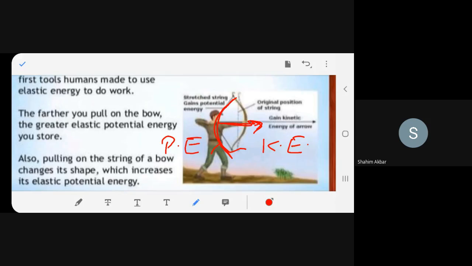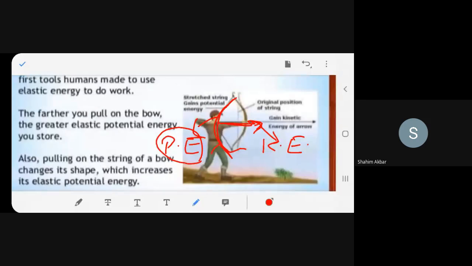We already know that energy gets converted from one form to other. We know that, right? Energy is neither created nor destroyed. So what it got? It got transformed. So in the stretched string, we had potential energy. And in the arrow, we have the kinetic energy.